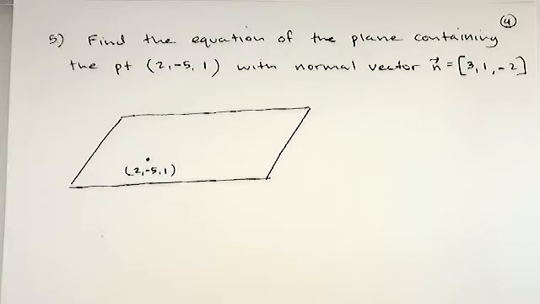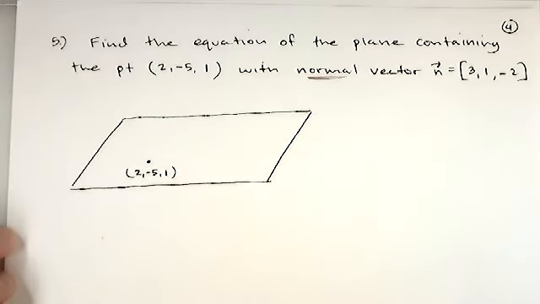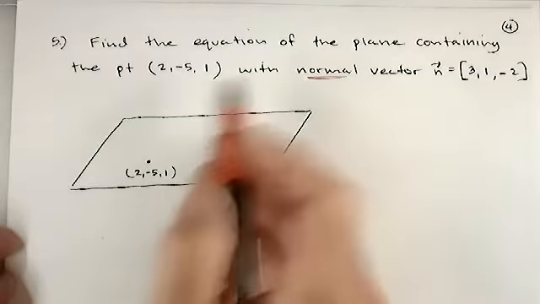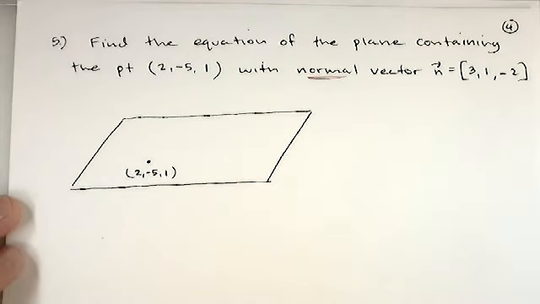It turns out that when we talk about equations of planes, flat surfaces, there's a connection between the equation of the plane and a normal vector to the plane. Remember, normal means perpendicular. For whatever reason, when they're talking about planes, though, they usually call it a normal vector rather than a perpendicular vector.